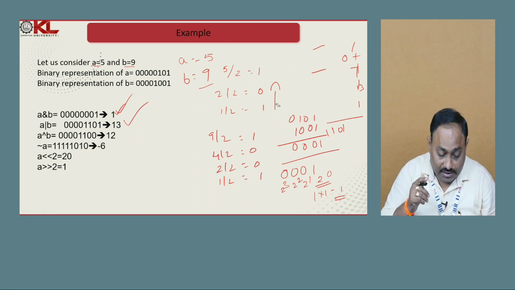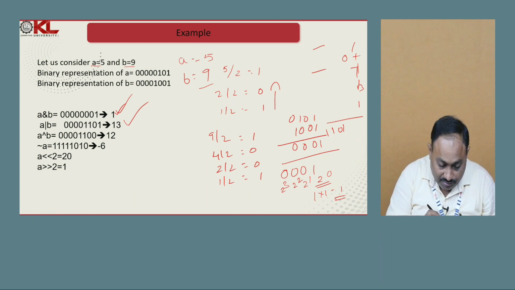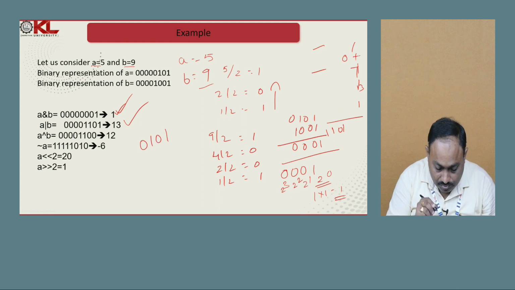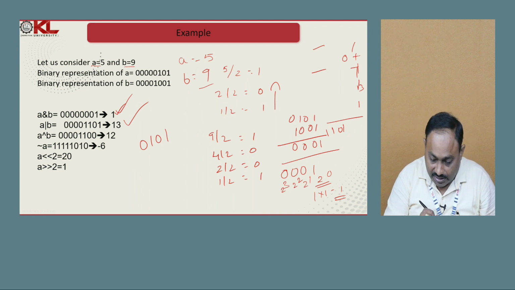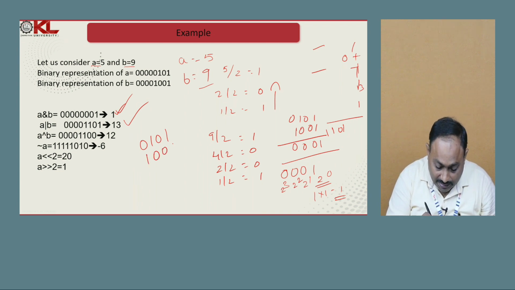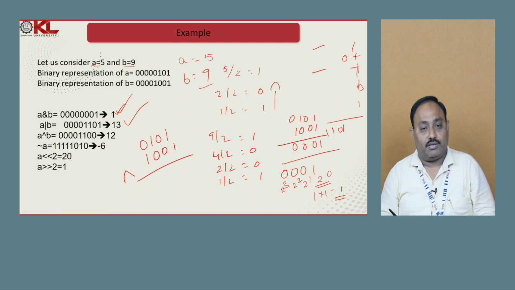Now students, let me take again these two binary values. The binary of 5 is 0101 and the binary equivalent of 9 is 1001. Now I want to perform A exclusive OR B.